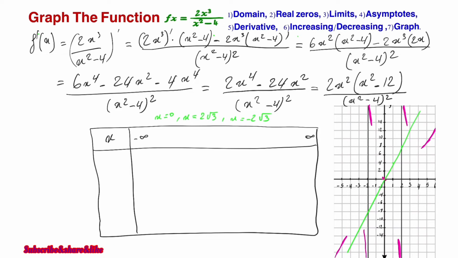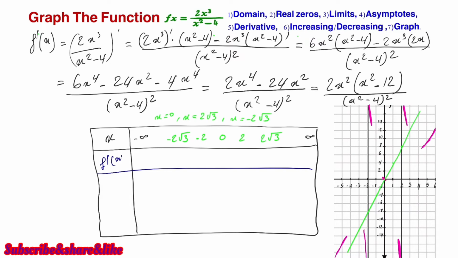So this is equal 0 when this is equal 0 and this equal to 0. So let's put those numbers here: we have 0, we have negative 2, and we have negative 2 square root of 3, and we have 2, and we have 2 square root of 3. This is everything we need.